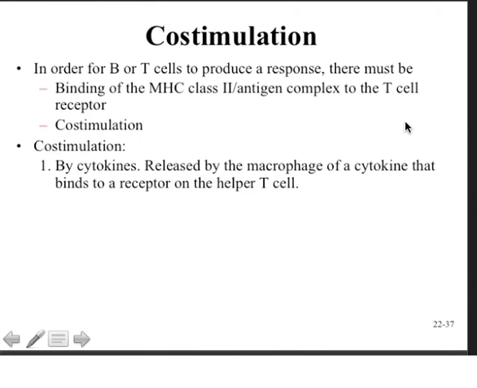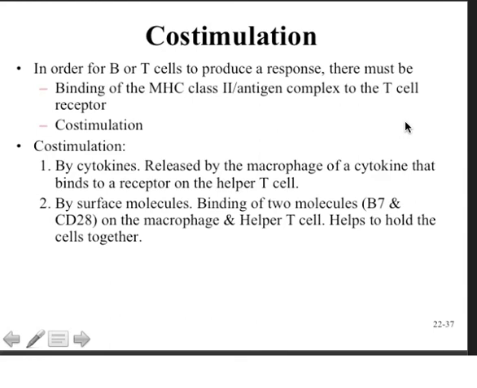These are essentially soluble molecules released by a macrophage that bind to a receptor on the helper T, and also by surface molecules that bind molecules. Examples include the B7 and the CD28 on the macrophage and helper T, and this holds the cell together.